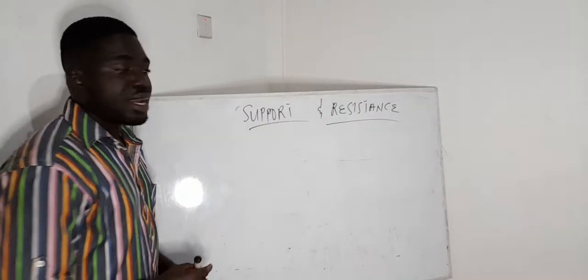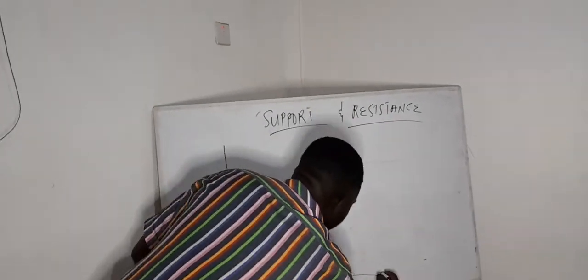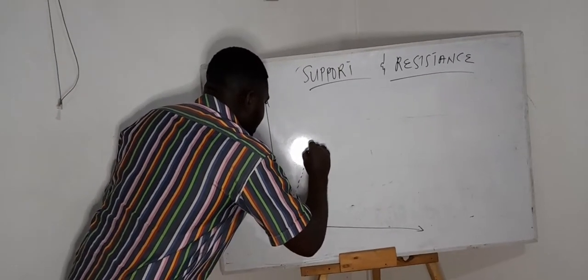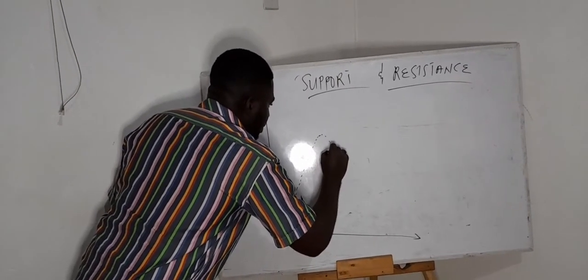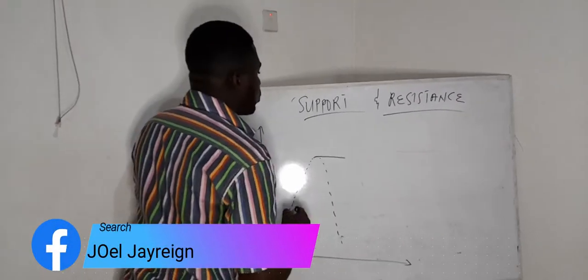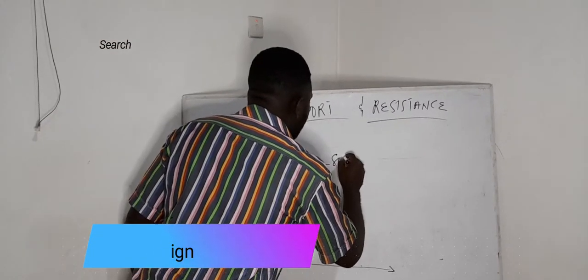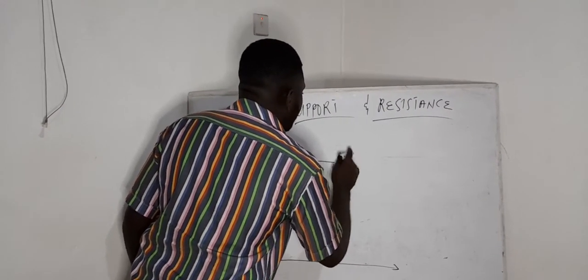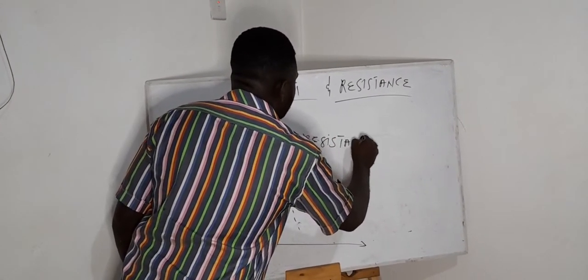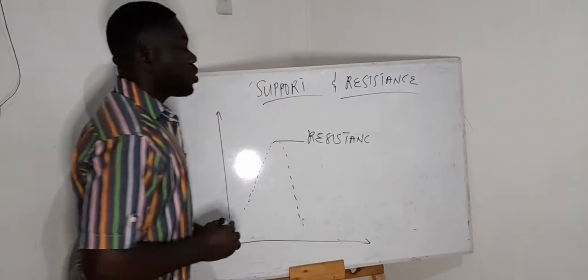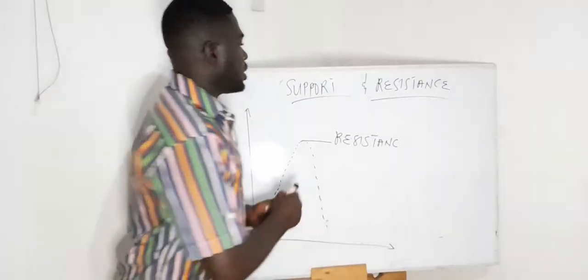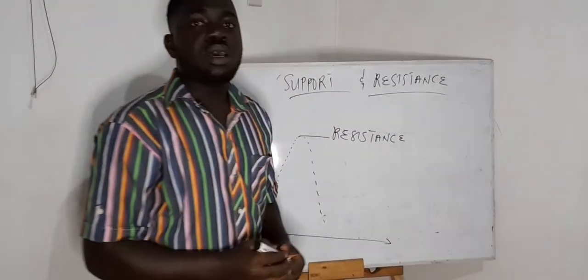Let's look at this diagram. Market could be trading up this way. You see the market trade up, then all of a sudden it makes a turnaround. We call this level support. We call this level resistance. Alright, so now let me define what resistance basically is.